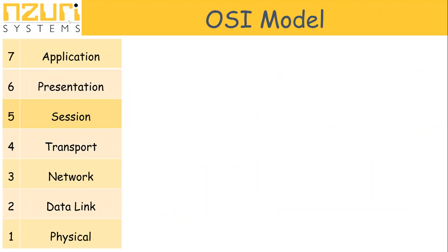So let's look at the first one, which is the OSI model. The OSI model is the Open Systems Interconnection model. When we say open, this tells you it is not proprietary, it's an open standard. Everybody can use it, or it applies to every device or every vendor out there. That's the full meaning, Open Systems Interconnection model.